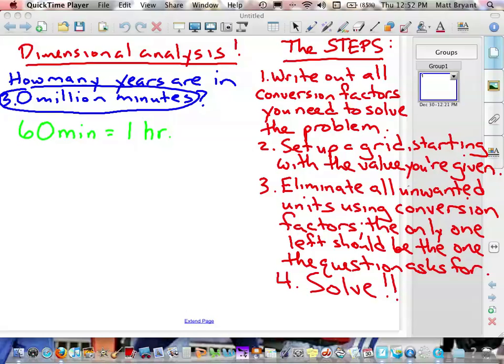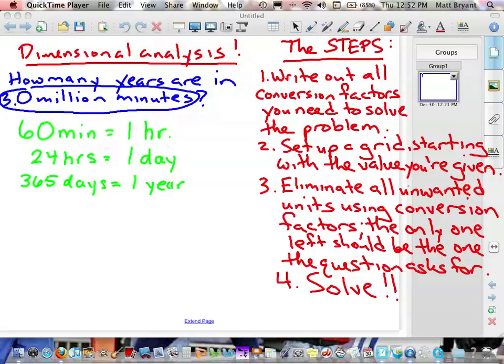There are 24 hours in a day. There are 365 days in 1 year. All right. And I think that's all we need for our conversion factors.